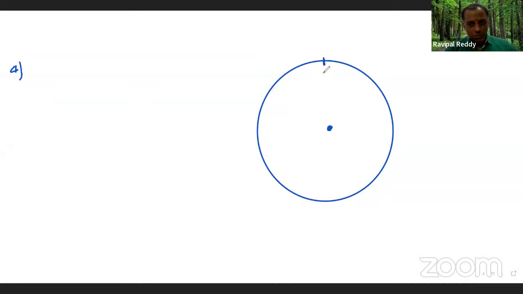It is 12 o'clock. It is 3. It is 6. It is 9. Exactly 12 o'clock.